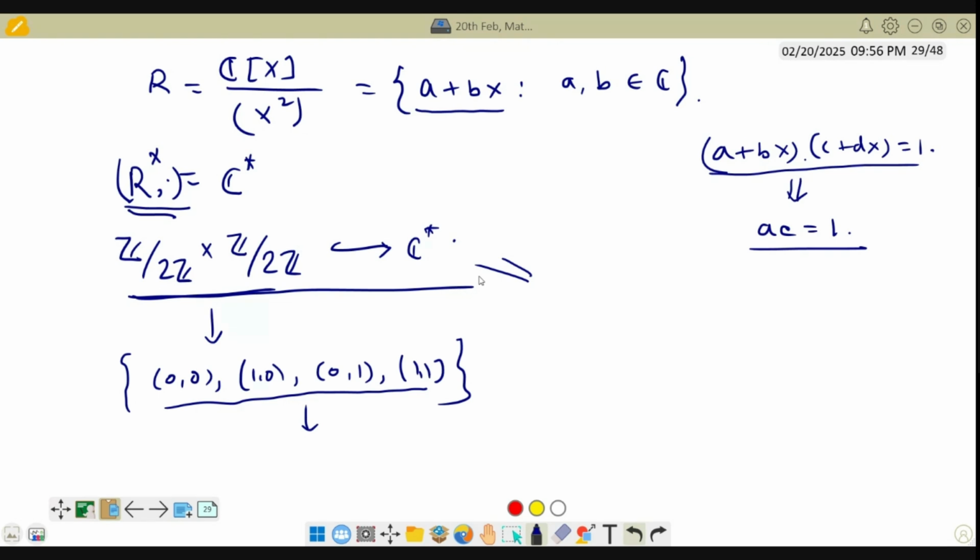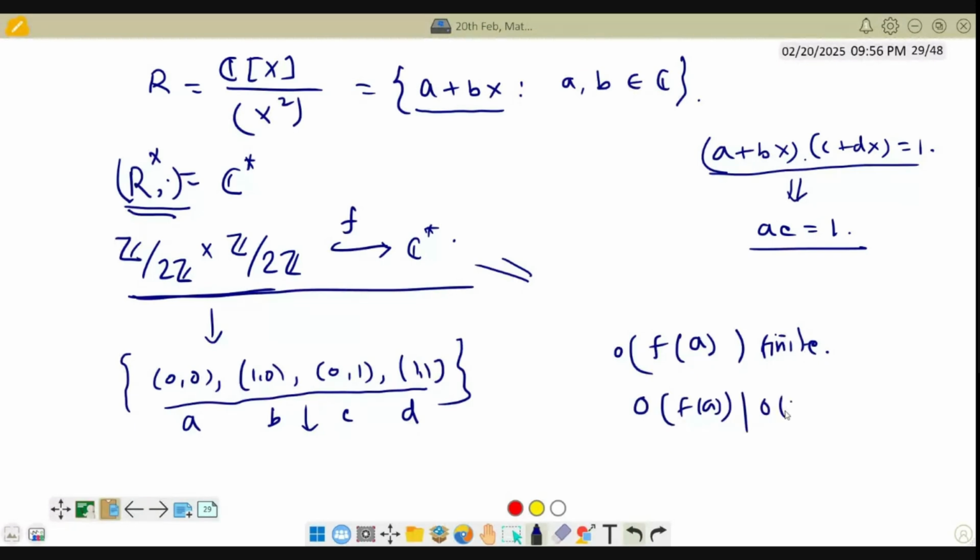Since this is an injective homomorphism, suppose let's take this to be f. Let's call the elements a, b, c, d. So obviously the order of f of a will be finite. It will divide the order of a. The order of a is 2, and all the other elements are of order 2.